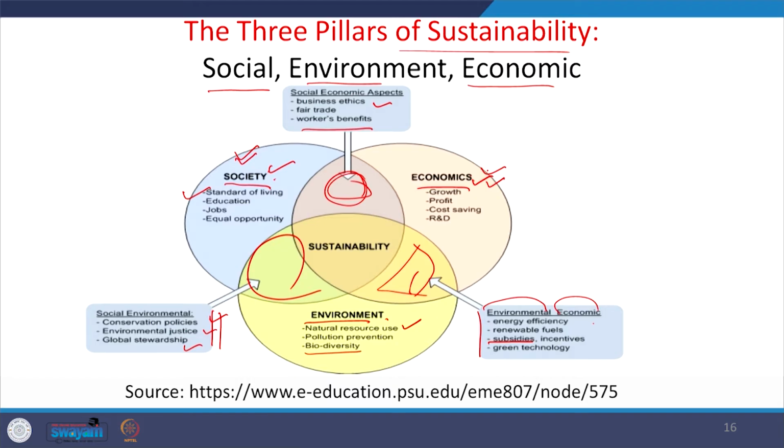So, that is why for the integrated sustainability, we can think about all these 3 pillars and their intersection points, how they need to be looked after. And we also need to understand the typology of sustainability, which can broadly be divided into two parts.